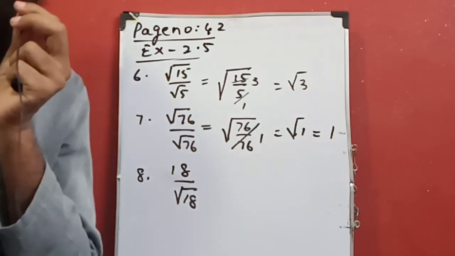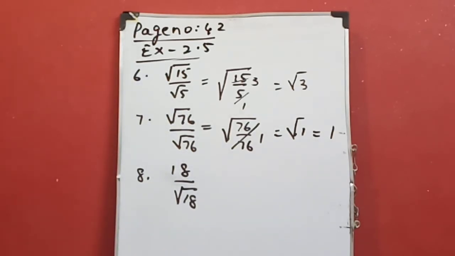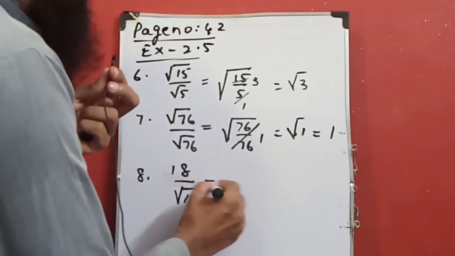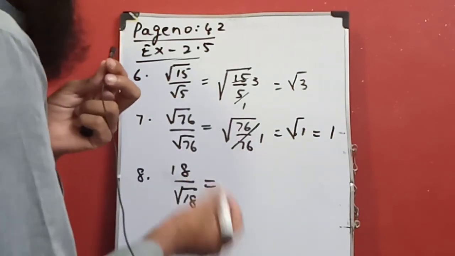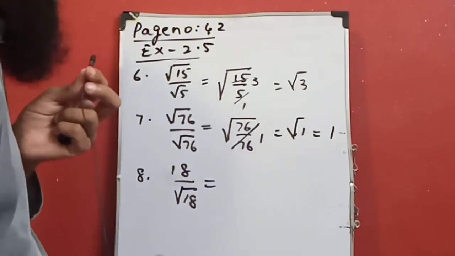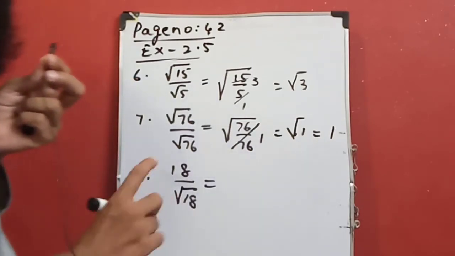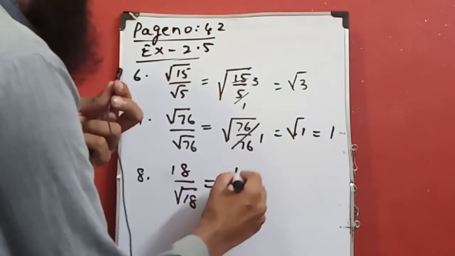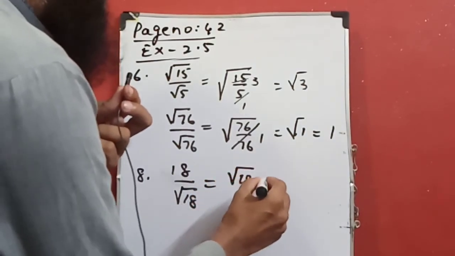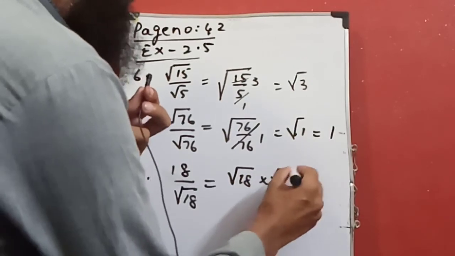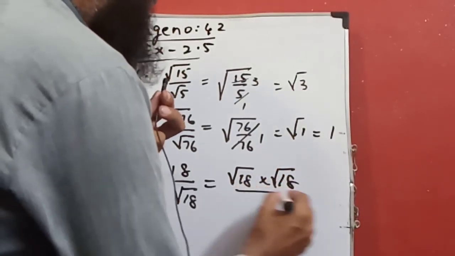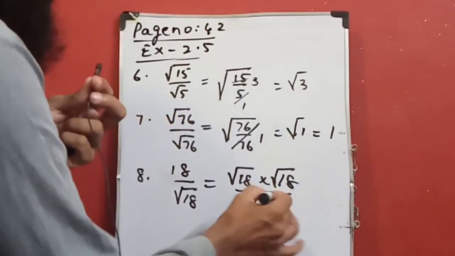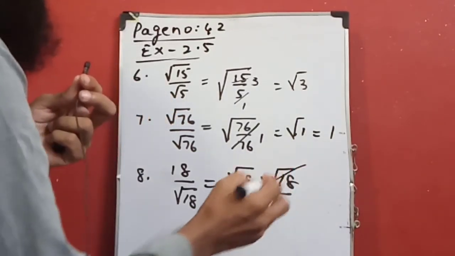18 upon under root or radical 18. As we know that if a number is written without the radical sign, it could be written twice in the radical sign. So we write 18 multiplied by 18, and in the denominator 18 is present. Now this 18 and this 18 cancel.